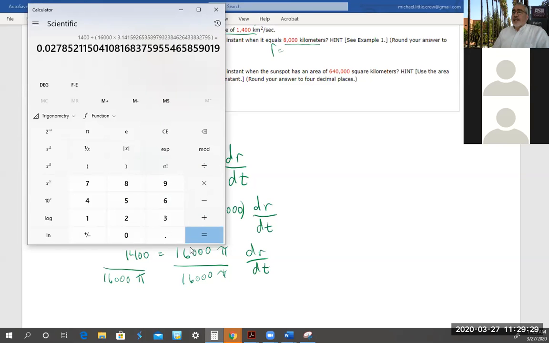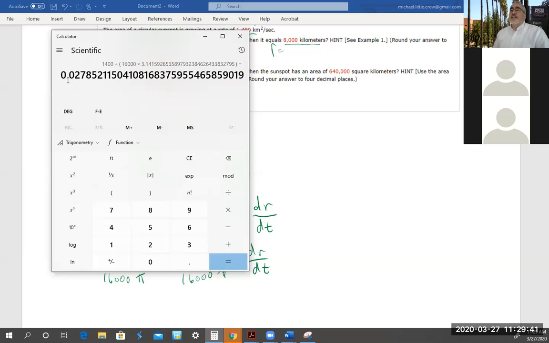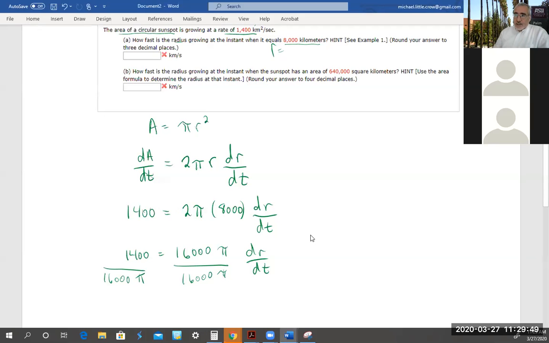So that's going to be 0.27. They want it to 4 decimal places, right? And your answer to 3 decimal places. So 0.028. So the 7 gets rounded up. 0.028.